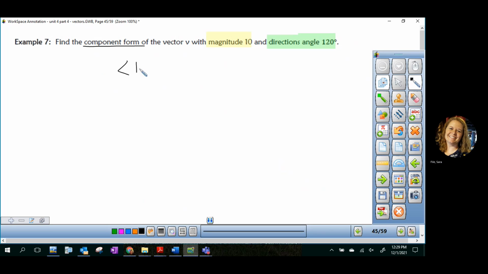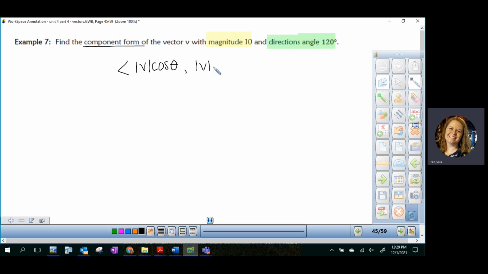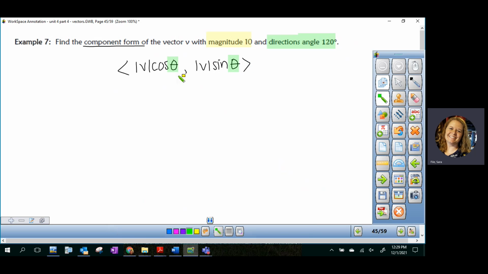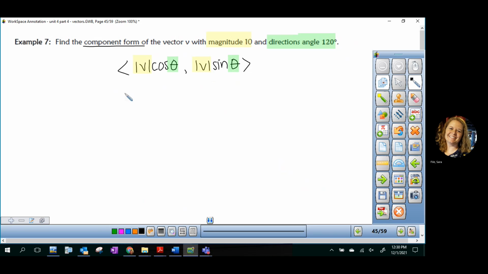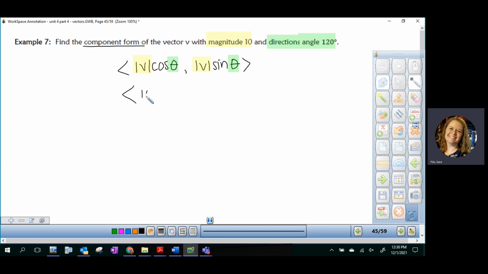Well, we know that the magnitude times cosine of theta is the horizontal, and the magnitude times sine of theta is the vertical. So I can plug in the direction angle there, and I can plug in the magnitude here. That would be 10 times cosine of 120, and this would be 10 times sine of 120.